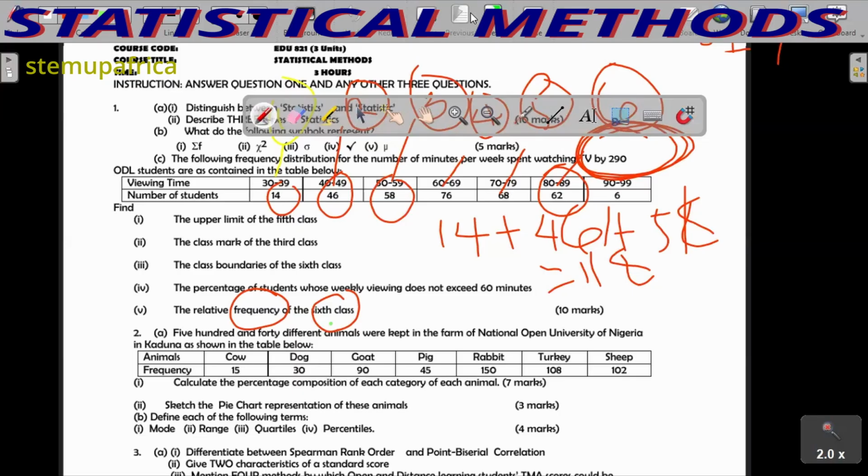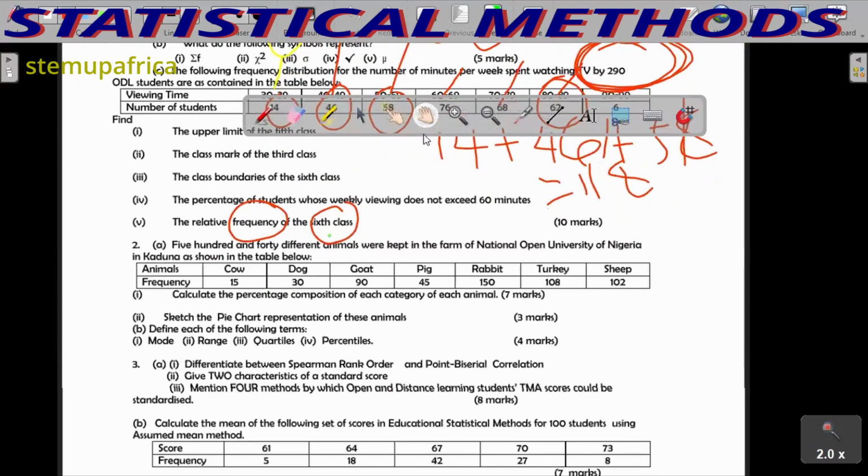That's question A. Question B, we stated the meaning. And question C, we also described, and we have calculated all that is required here. So with that, we can advance to question 2. Like I said, if you have any question, you may ask.